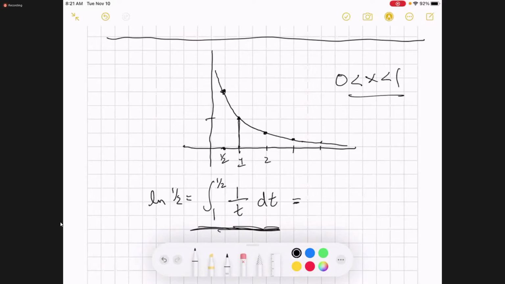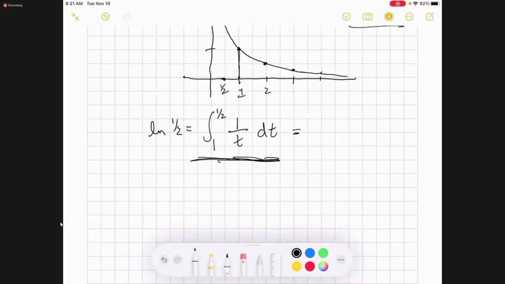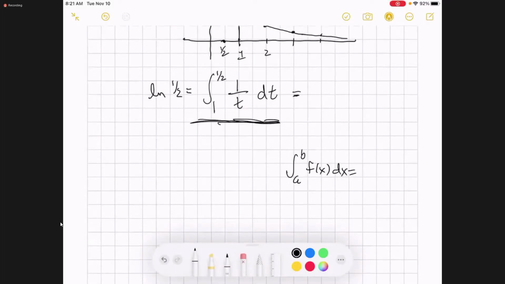What happens when I flip endpoints on a definite integral? This was a week before last, we talked about the properties of integrals, and this was one of them.